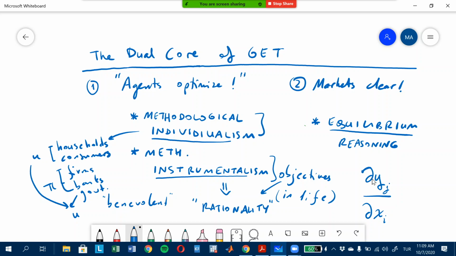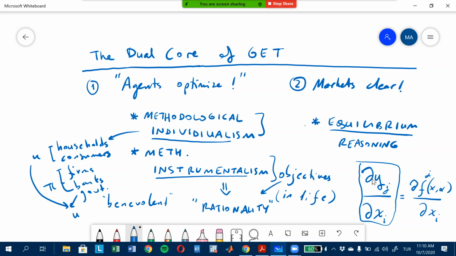General equilibrium theory tells you that first you need to find the equilibrium, because this derivative will be equal to the derivative of the function f_j(x, alpha) with respect to x_i, and f_j here because this is for variable j.